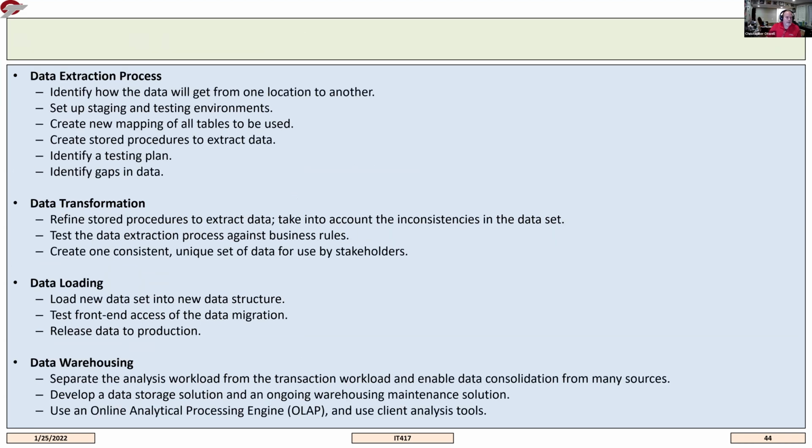Data extraction process is about identifying where the data comes from and how to get it from one location to another. Staging and testing is setting up what you're going to use to read that data in, to ensure you're able to access all the data sources, and how to create the map from the source to the destination so that you can take all the data and put it into the place it needs to go.